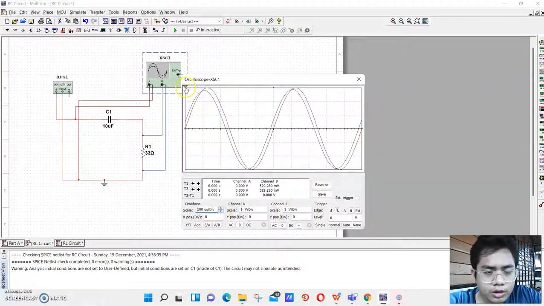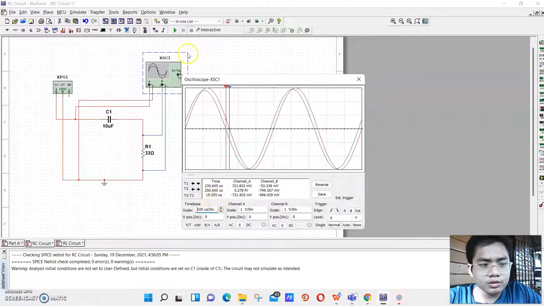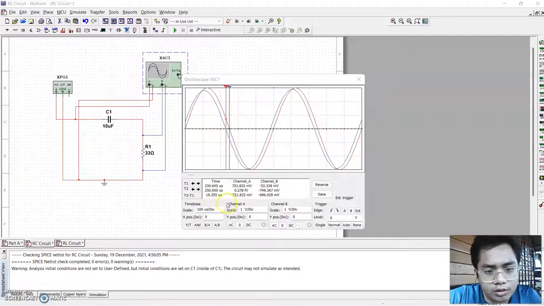To determine the phase angle, we take T2 minus T1, which will be the Y: 19.355 microsecond.